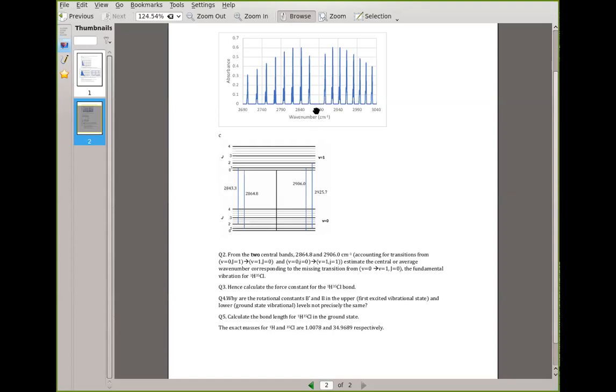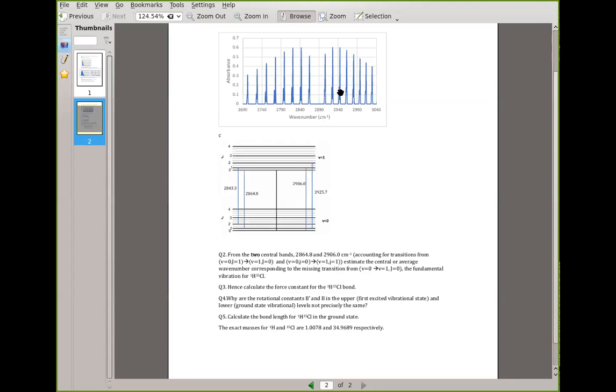So we don't see anything happening there, and so if we want to look at the vibration of HCl, we're in trouble. Looking at the fundamental vibration of HCl is really important because from it you can get the force constant for a bond.